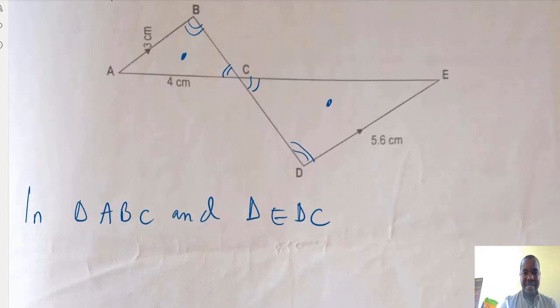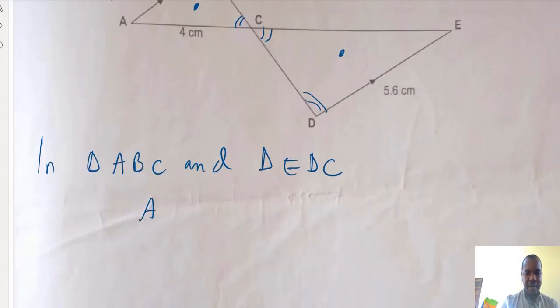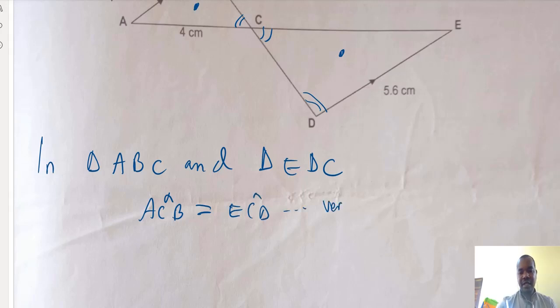actually angle ACB equals angle ECD. They are vertically opposite angles.